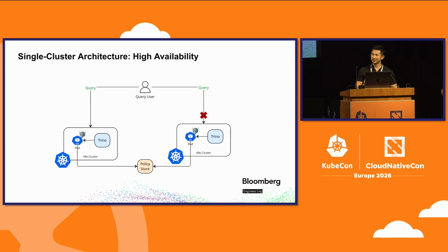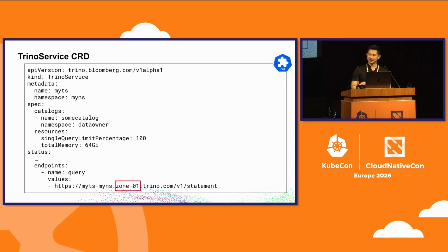Unfortunately, this meant that the responsibility of achieving high availability and disaster resilience was pushed to these personas. This is because when a Trino service is reconciled, it exposes a zone-specific endpoint. You can see here that the endpoint returned is tied to a specific zone. So if a service owner deployed into two separate zones, they would retrieve two separate endpoints.